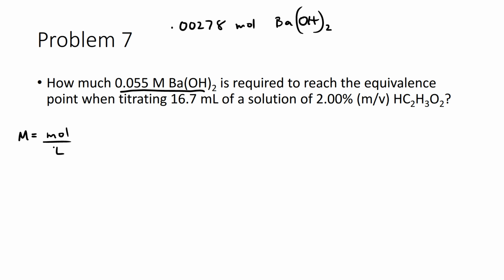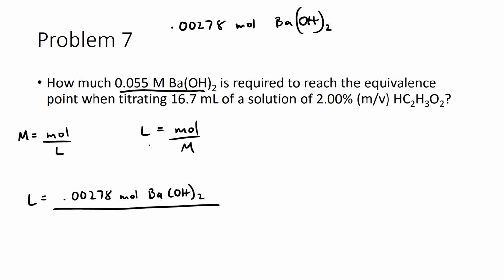So we can solve for the volume by rearranging this equation to give that liters are equal to moles divided by molar concentration, and we can just plug numbers in from here. So we have that the number of liters is equal to 0.00278 moles of barium hydroxide divided by the molar concentration, which is 0.055.